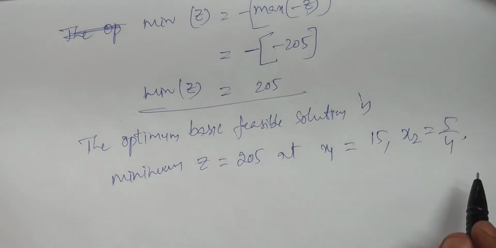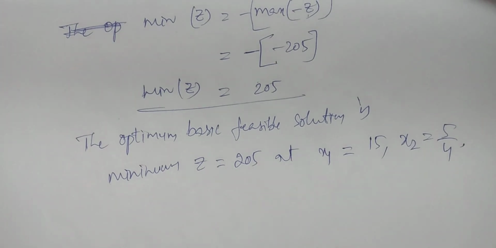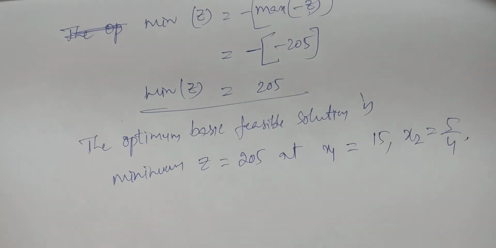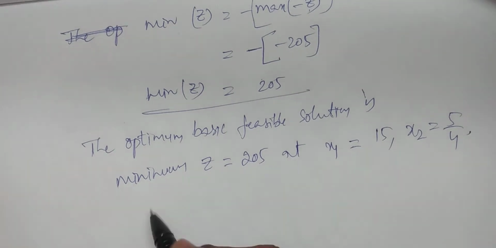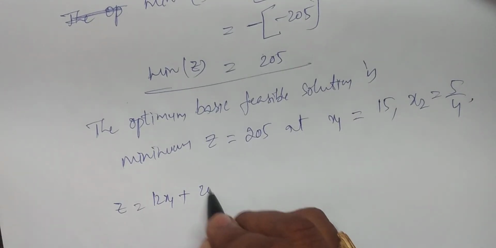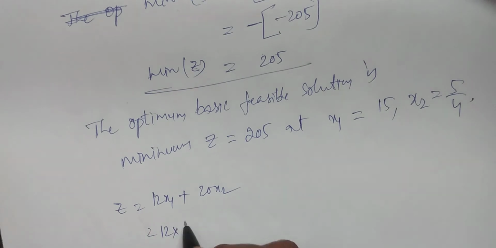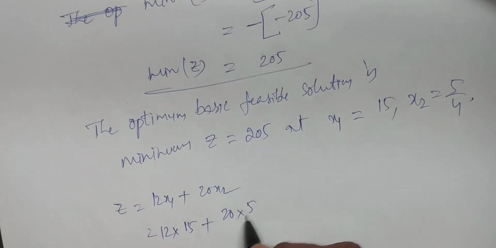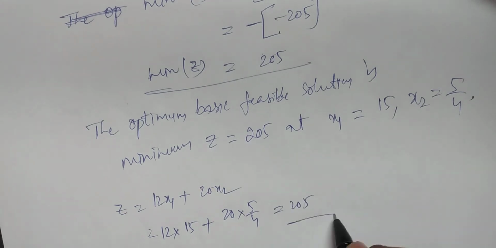Now you can check with the objective function. Go and substitute these x1, x2 values in the objective function, and you will get the same answer. Z is equal to 12x1 plus 20x2. You check it here: 12 into 15 plus 20 into 5 by 4. You should get 205.